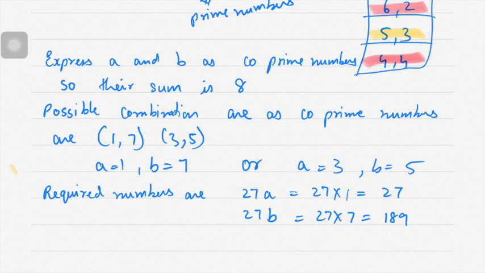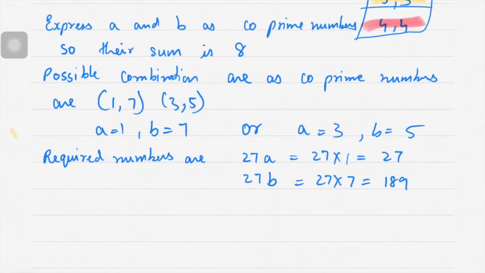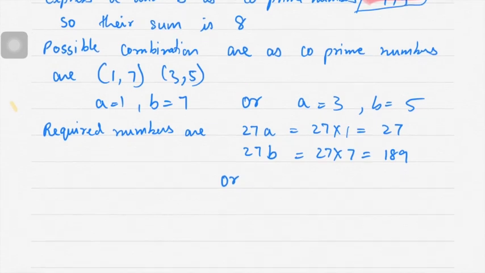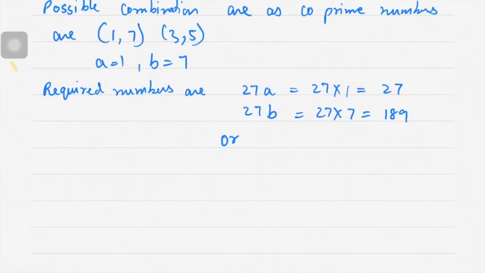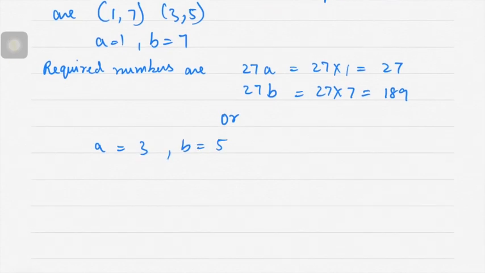27 into 7 comes to 189. Correct? Or A is equal to 3, B is equal to 5. Okay.